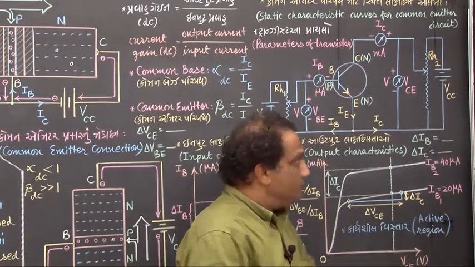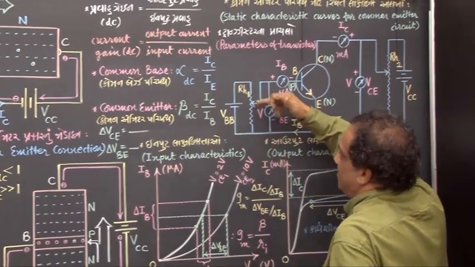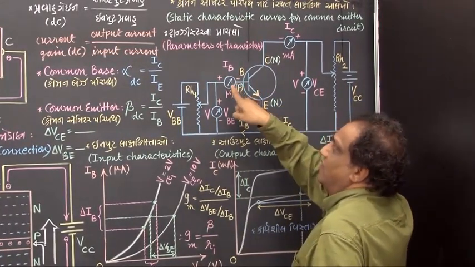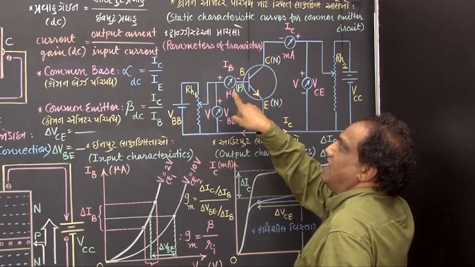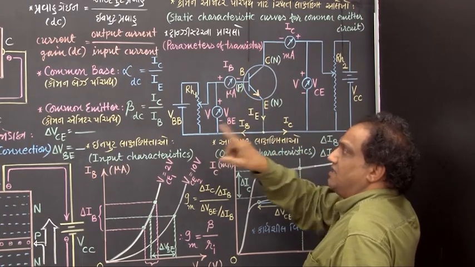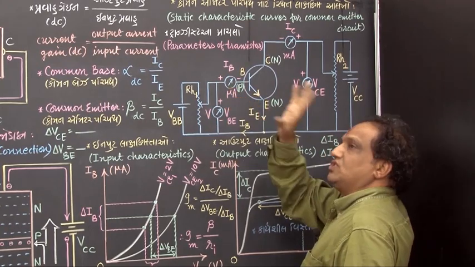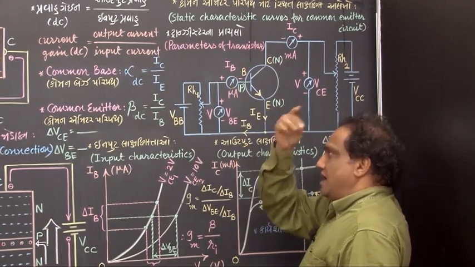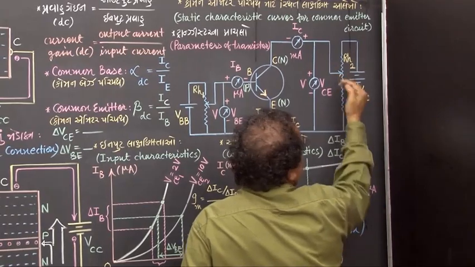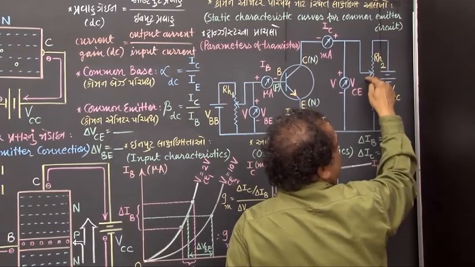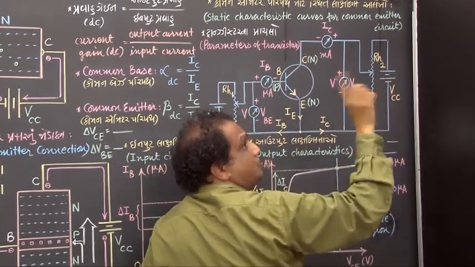What should you do now? Change the position of this variable terminal till you get 20 microampere reading in this microammeter. Once you get that reading, you should not disturb the position of this variable terminal. So this value is 20 microampere constant. And now change the position of this other variable terminal. When you change this position, VCE will change.